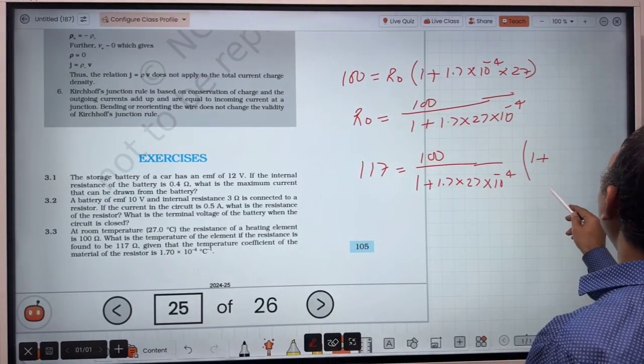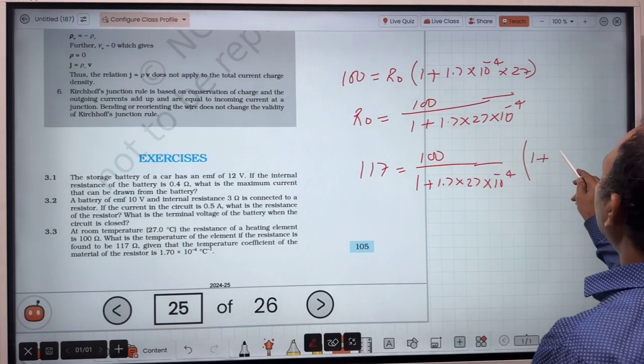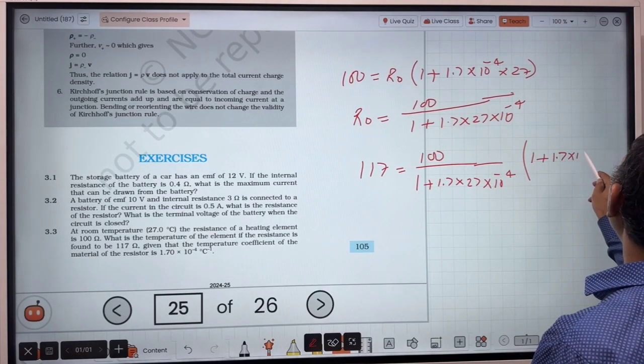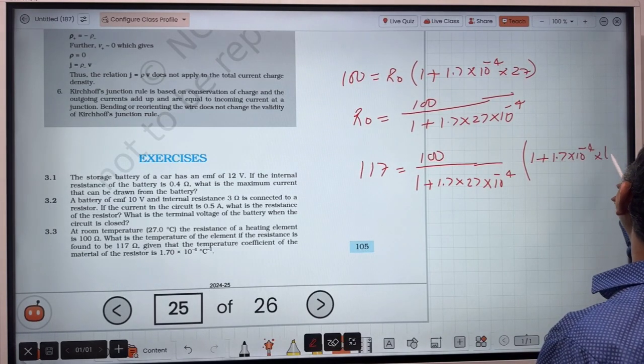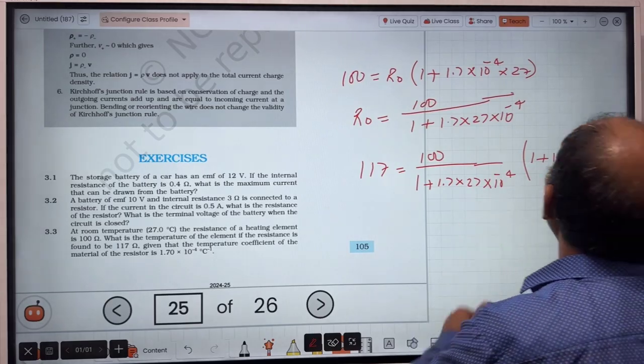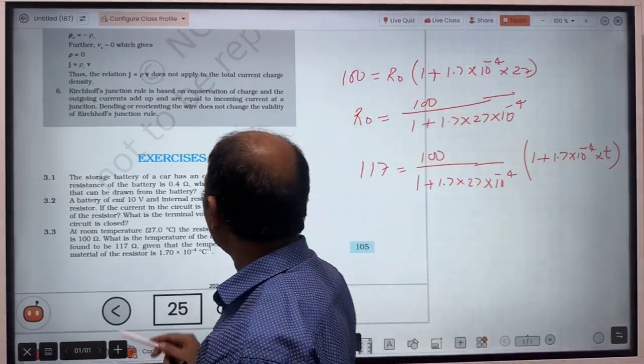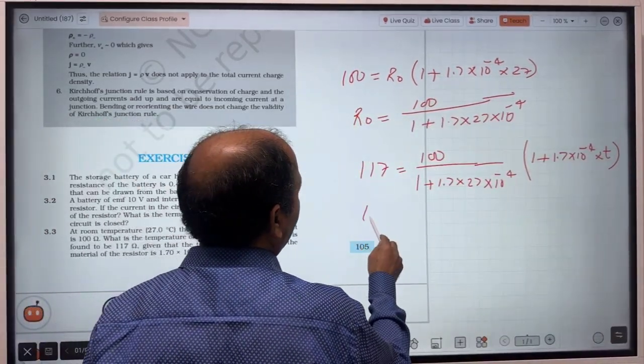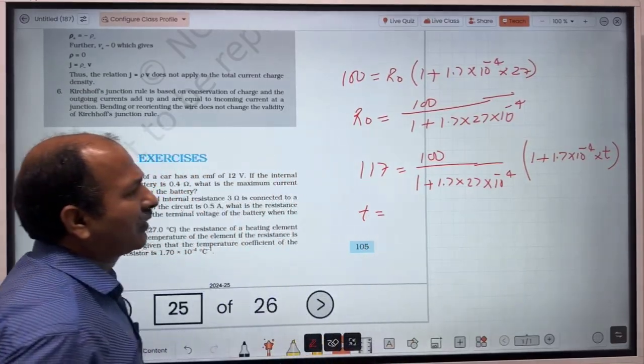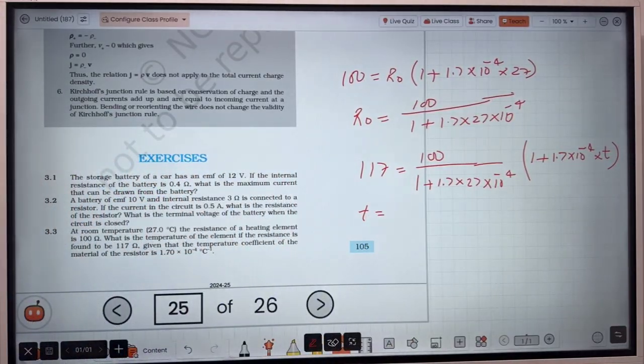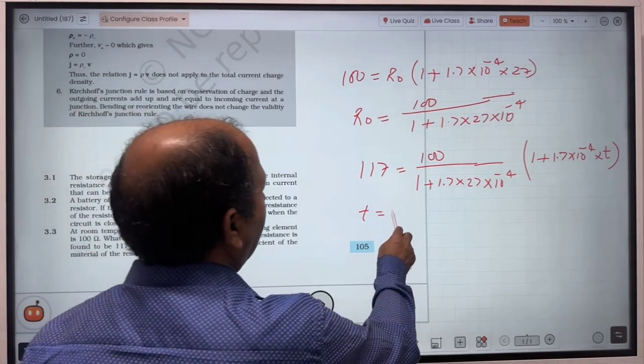So 1 plus alpha, alpha is the same value, 1.7 into 10 to the power minus 4 into t, and then you can evaluate. If you evaluate it, it will be around 1027 degrees.